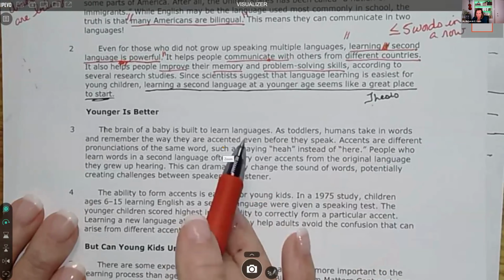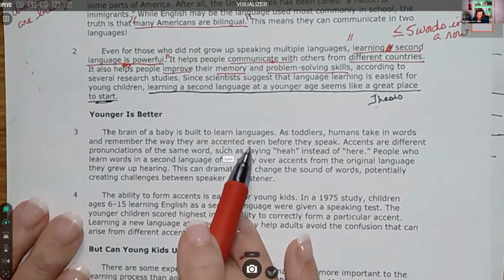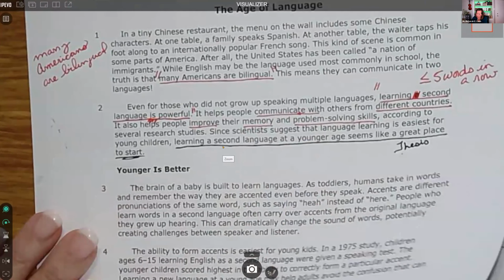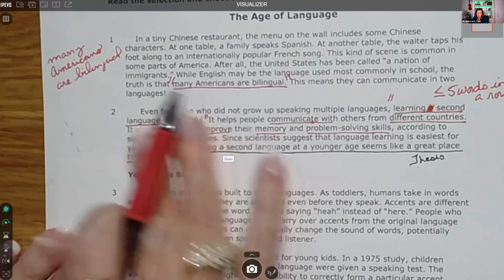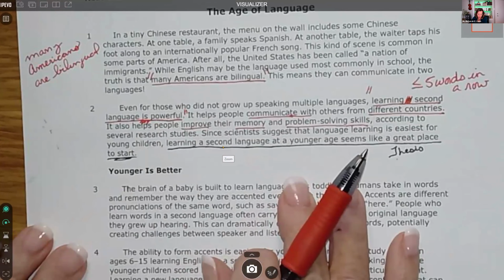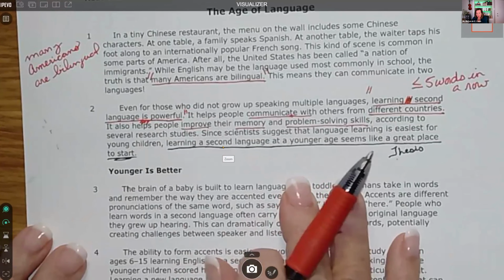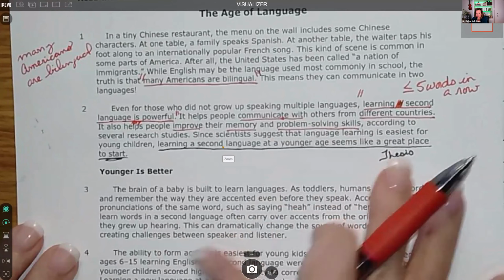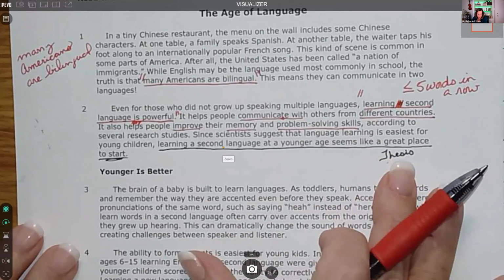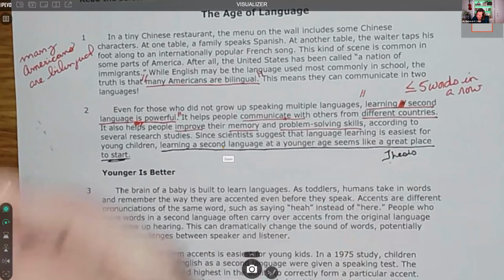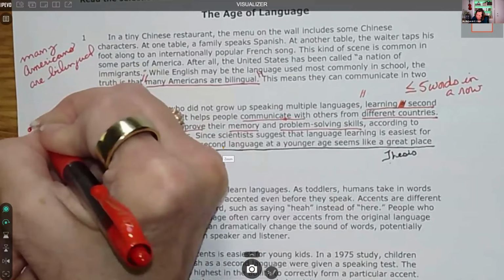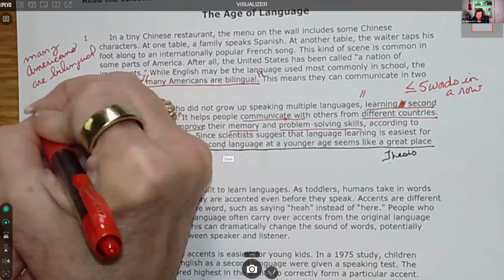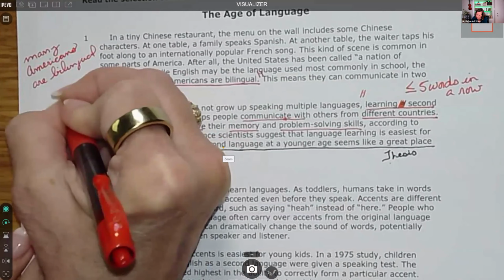The brain of a baby is built to learn languages. Now, if I can have them underline this, but remember, on the test, let me just go back a little bit. The things that I want to pull from this that are really, really important, I think what I need to do is write, improve memory. That to me is important.